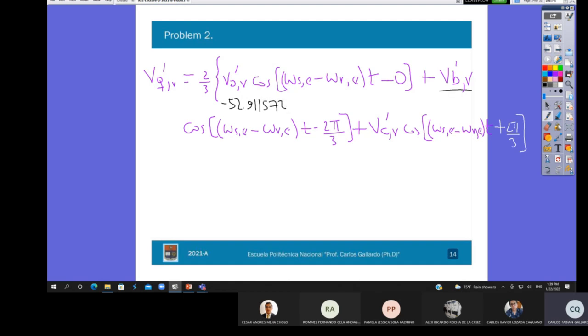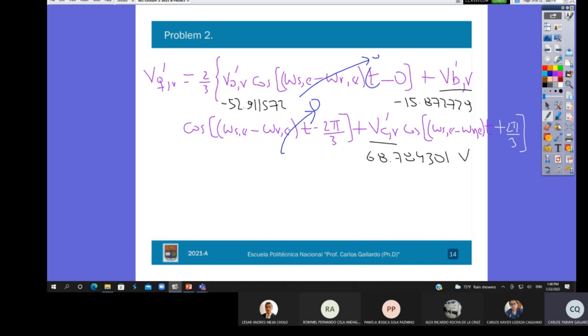The voltage B is equal to negative 15.872799 volts. And the voltage C is 68.784301 volts.